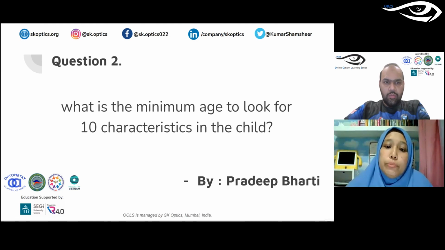So, for example, if the child is a newborn, you know what visual milestones the baby should be displaying. When the child is presented to you at maybe 6 months, you know that the child normally should be able to fix and follow, should be able to focus. So for this question, you need to always refer to the age of the child. Yeah, so we have to compare it with their age-matched development. I hope that answers it.